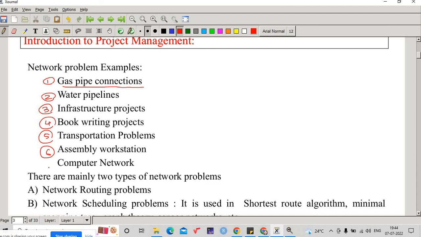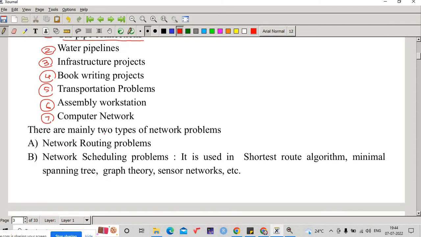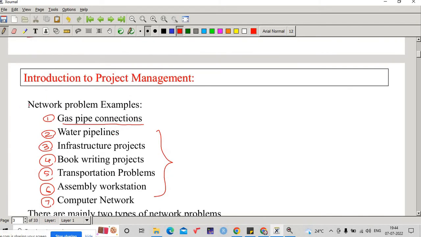Sixth, assembly workstation. Seventh, computer network, and many more. If you look into all of these examples, you can broadly divide all of these network problems under project management. So why are we immediately turning to the concept of network problem under project management?